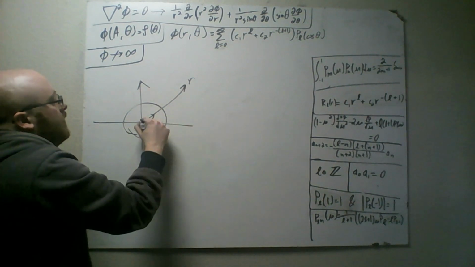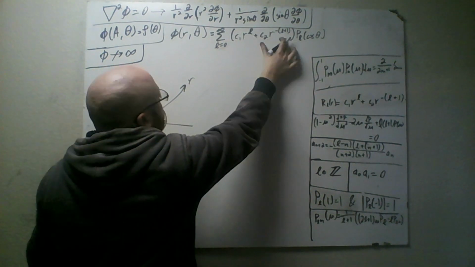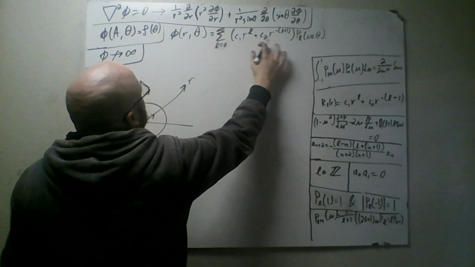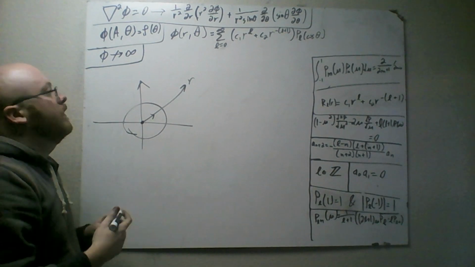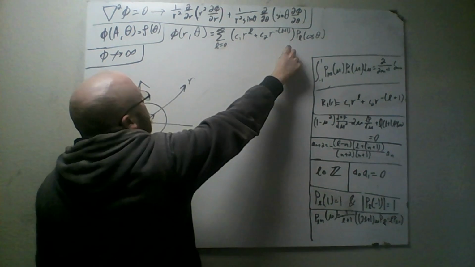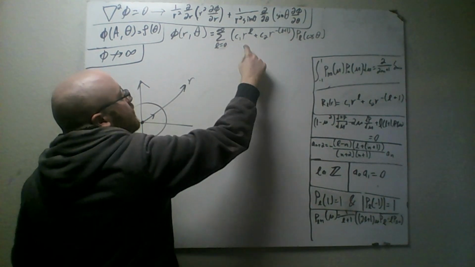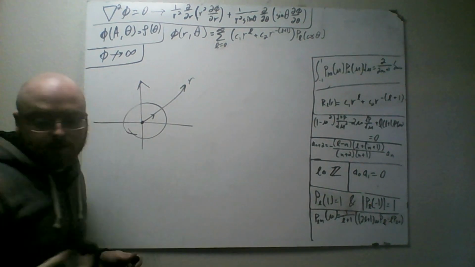At the center, we have r equals 0. So this term is fine. This term blows up, and it doesn't make any sense, and this whole thing's a mess. So what that means is all the C2 terms inside the sphere have to be 0. Likewise, if we go infinitely far away from this point, then these terms go to 0, which is good. But these terms actually become infinite. So we can't have those outside the sphere.